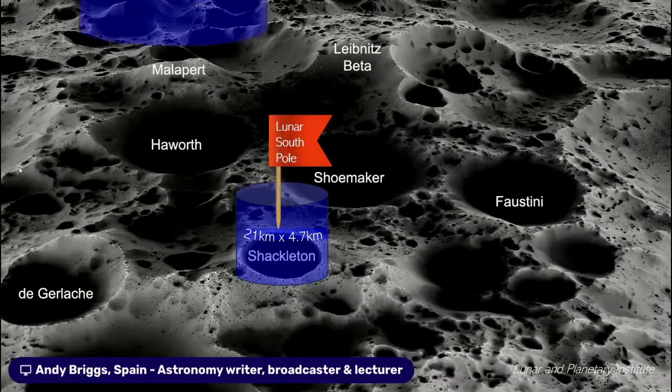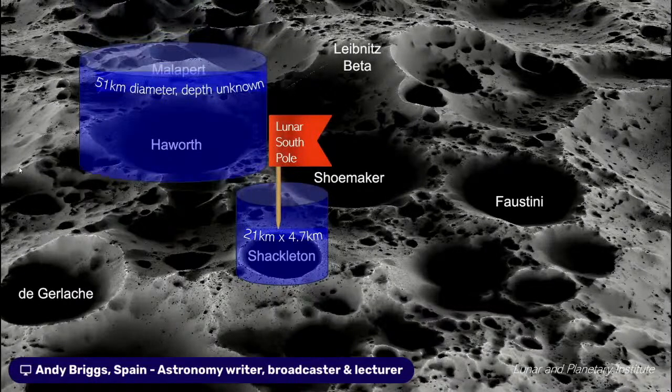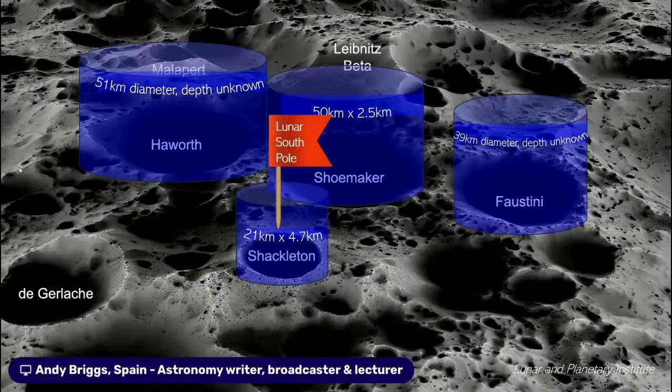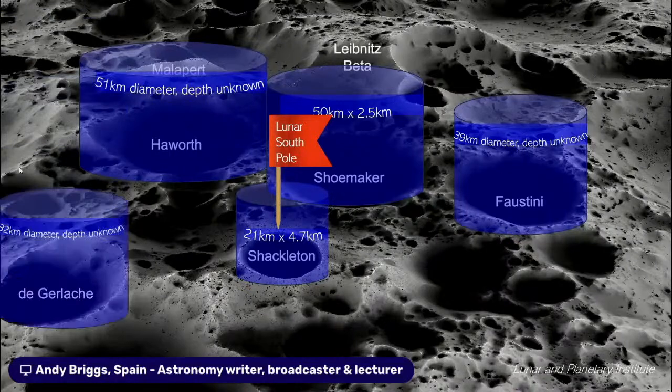But we've got some bigger ones around it. We've got Haworth, for example, 51 kilometers, its depth unknown. We've got Shoemaker, named after the famous scientist Eugene Shoemaker, 50 kilometers wide by 2.5 kilometers deep. Faustini, 39 kilometers wide, depth unknown. De Gerlache, 32 kilometers wide, depth unknown.